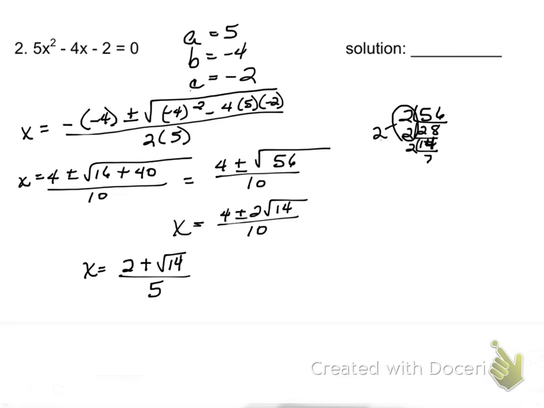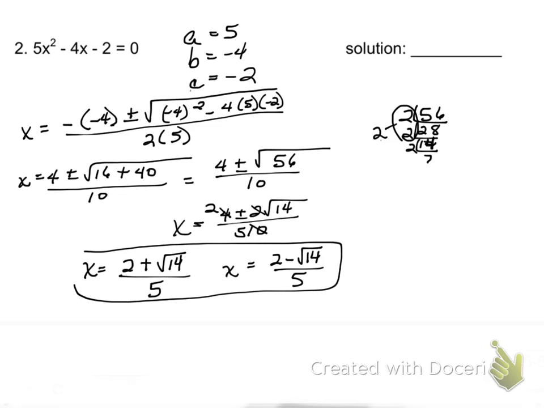We divided this by 2 and got 5, this by 2 and got 2, and all of this by 2, and that 2 becomes 1. And then our other answer is 2 minus the square root of 14 over 5. Okay, and those are our answers. We can't simplify them anymore. They're not real pretty and nice even answers, but that's the answer we get when we solve this quadratic.